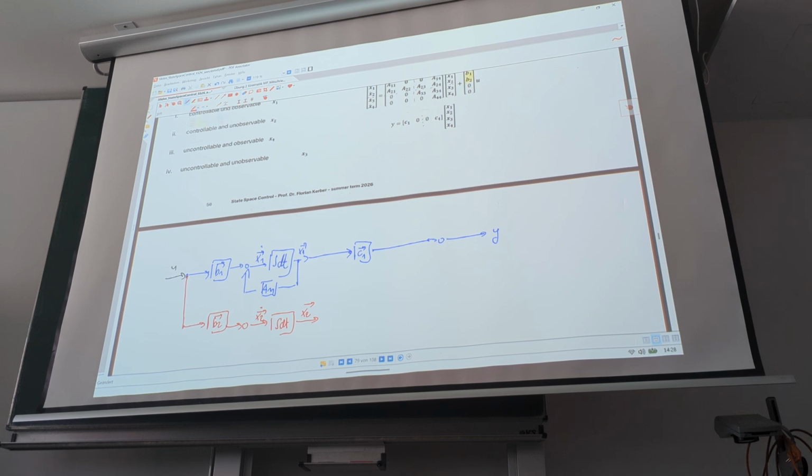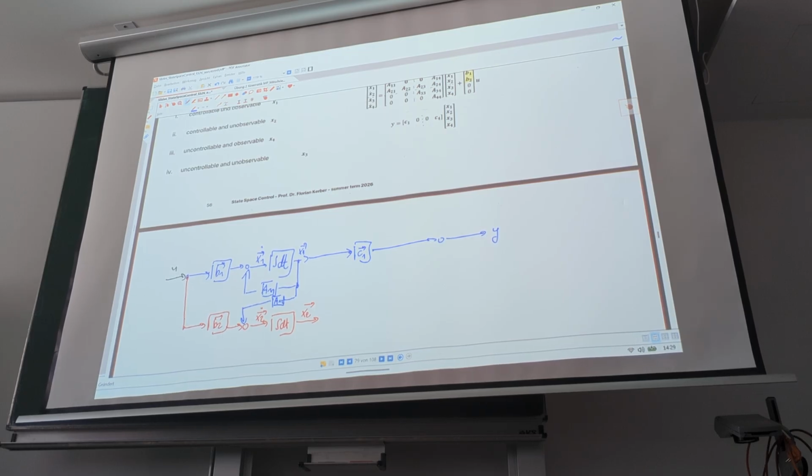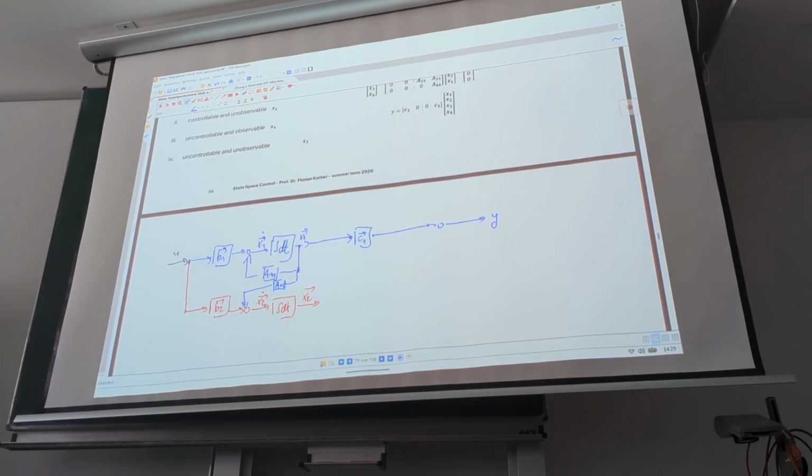What is the case is that the A12, affected by x1, comes in here. But it doesn't go anywhere. A22 comes back here. So that's what we have. Now, this is controllable, but we do not see it in the output, so it's not observable.